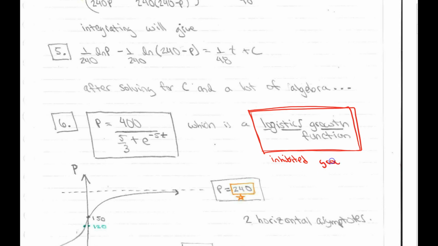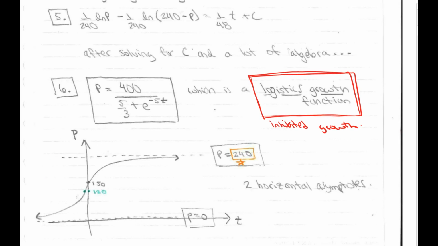Okay? So what you see here is when I graphed this function, for a logistic growth function there are a couple of graphical features that are unique. There are 2 horizontal asymptotes. How did I get this upper asymptote?